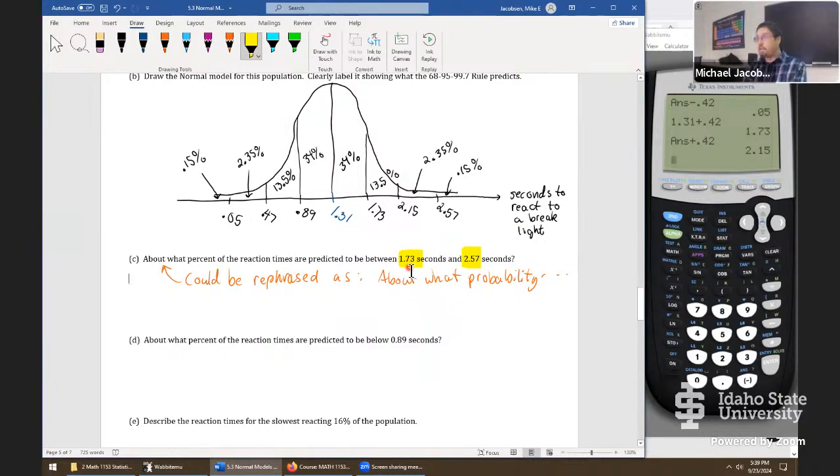I can only ask a question that lines up directly with values here on this chart. So we have 1.73 starting here, going all the way up to 2.57, that's 3 standard deviations away. When it asks for about what percent, we just want the area. 13.5% of the area is here. It goes up to this, stops at the boundary at 2.57, and we pick up 2 numbers, 13.5.